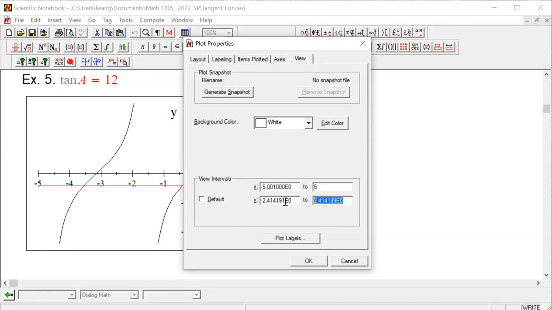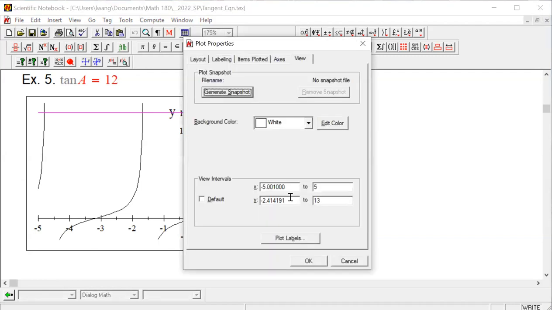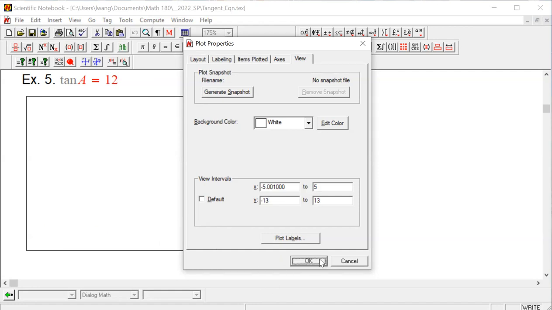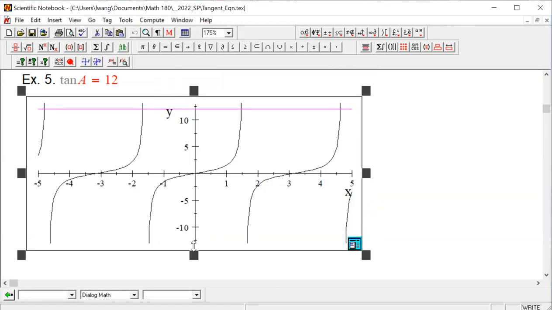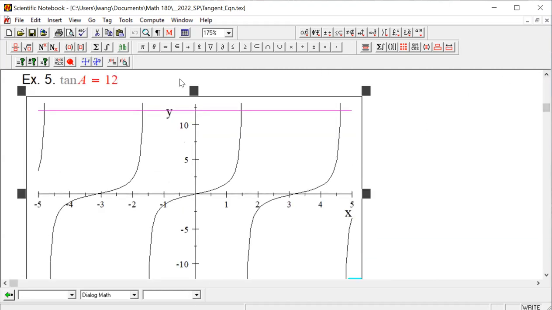I'm going to draw the horizontal line 12. You're going to see the crossing. We actually see the crossing, don't we? Yes, we do. Because of the range of tangent, let me write it down.